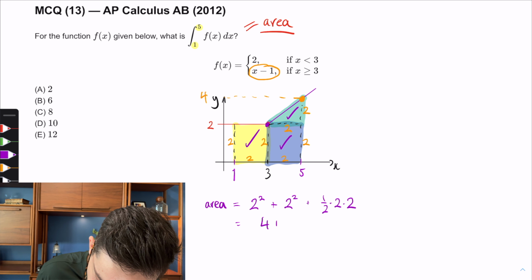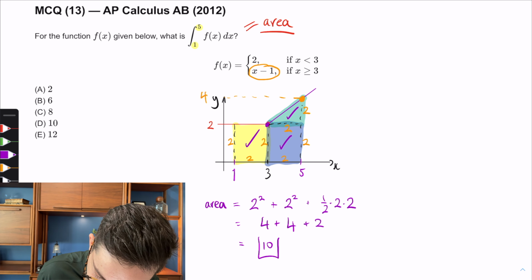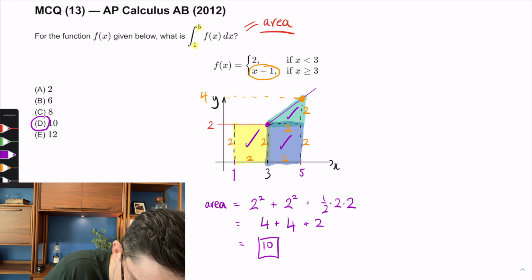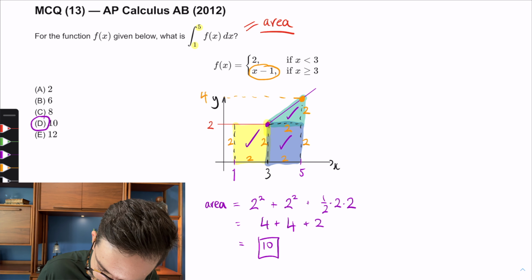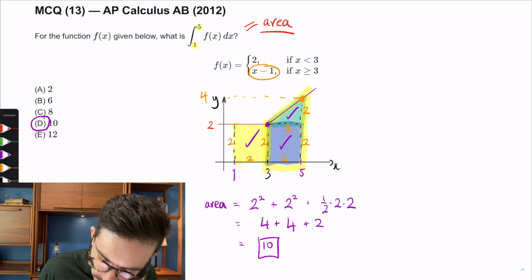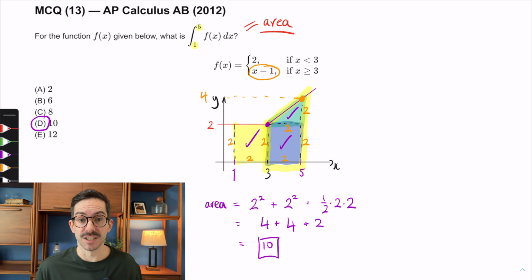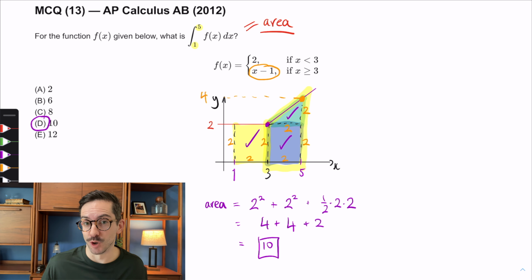So I get 4 plus 4 plus 2, which is 10. So the answer is D. Now, if you wanted to be super fancy, you could have thought of this square plus a triangle as a trapezoid and used the formula for a trapezoid. I don't want to ever have to remember the formula for a trapezoid if I don't have to. So, triangle plus square it is.